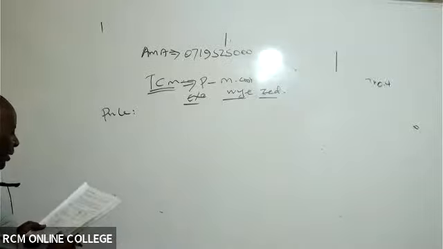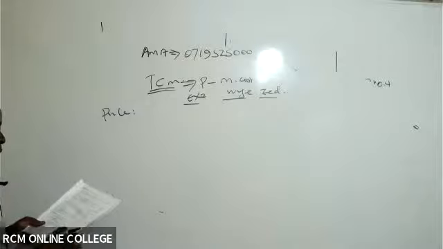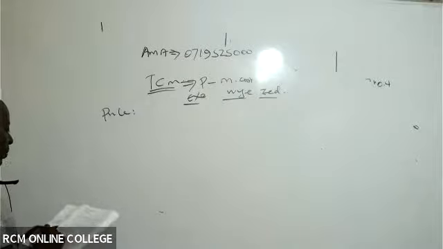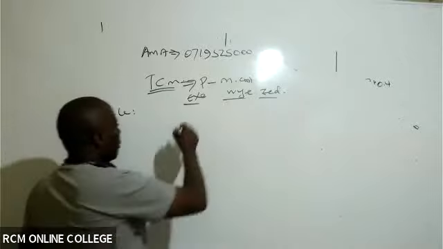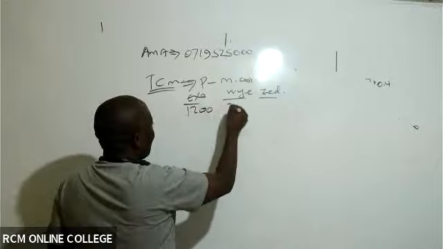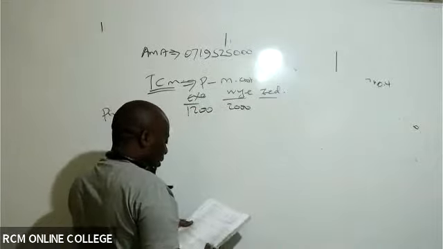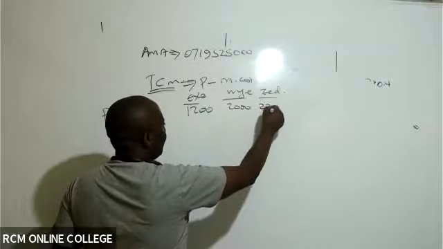The selling price we happen to be having here, ladies and gentlemen, is 1,200 for X, 2,000 for Y, and then Z is 2,250.